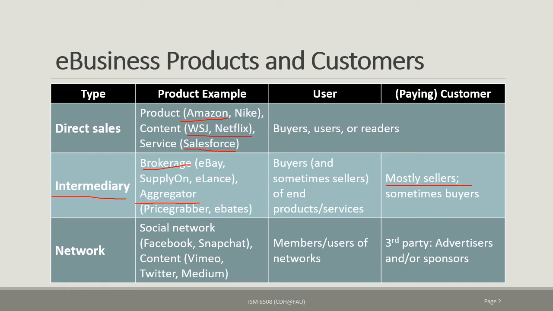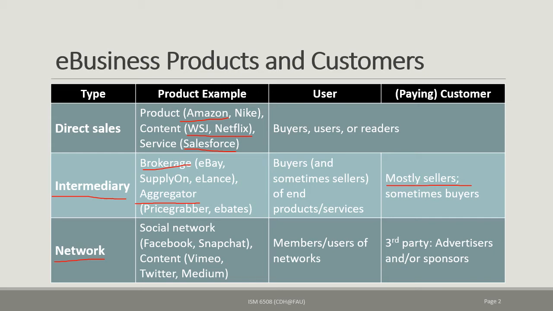But if you go to the network type of e-business, such as social networks and some of the content providers, then the users are the members of the network. A lot of us use Facebook, a lot of you use Instagram, a lot of us use Twitter, and we're not paying for that.